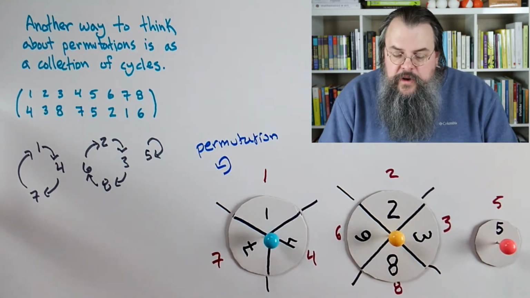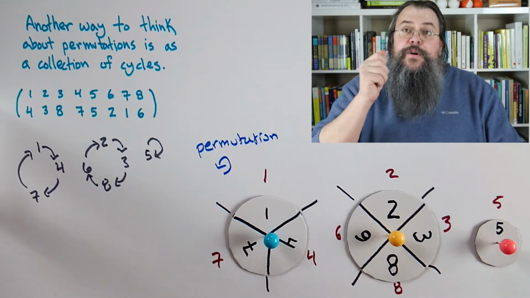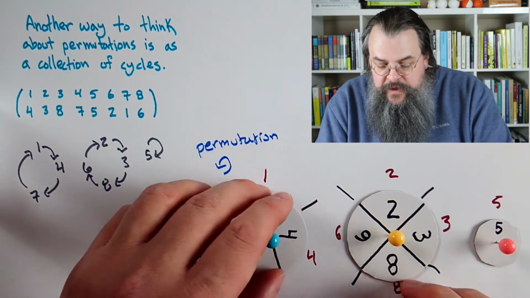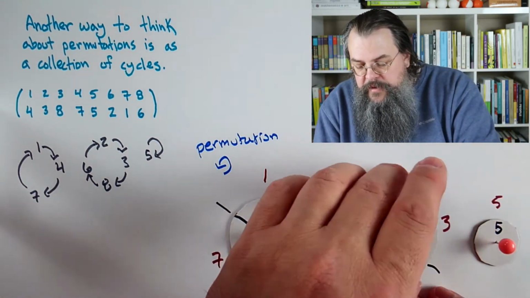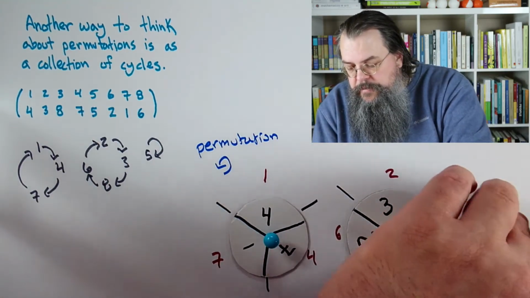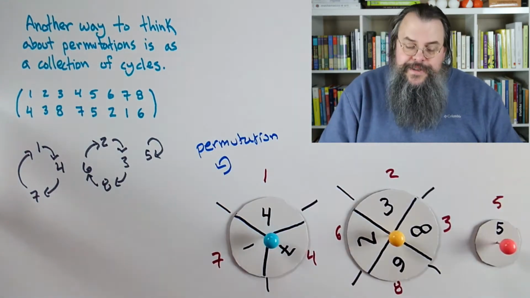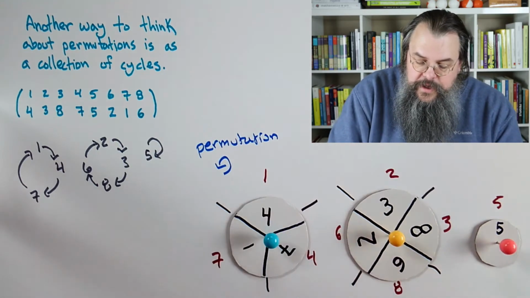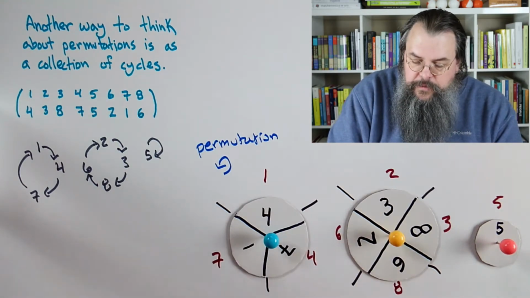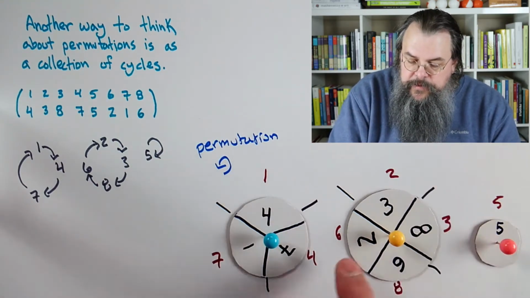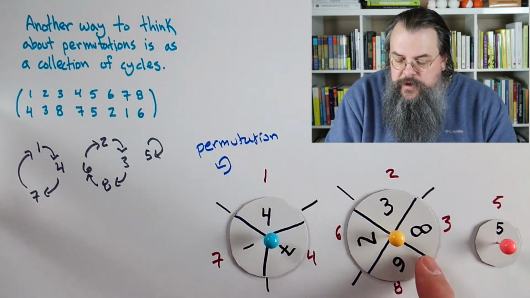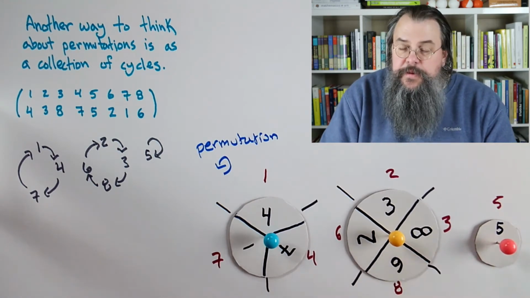So we apply the permutation once, and we turn all our knobs. And of course, that one's pretty easy to turn. And there we go. So we see 1 goes to 4, 4 goes to 7, 7 goes to 1, 2 goes to 3, 6 goes to 2, and so forth. All the knobs are just like we would say.